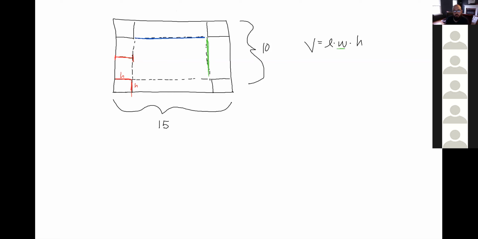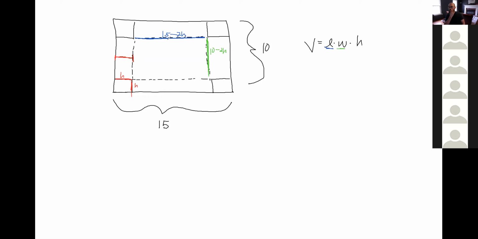Blue would be L minus 2H, and green would be W minus 2H. And what are L and W in this case? 15 and 10. Right, so the blue is going to be 15 minus 2H, and the green is going to be 10 minus 2H.